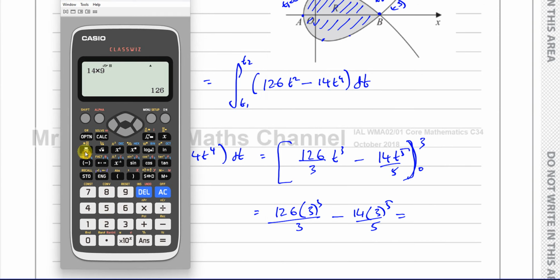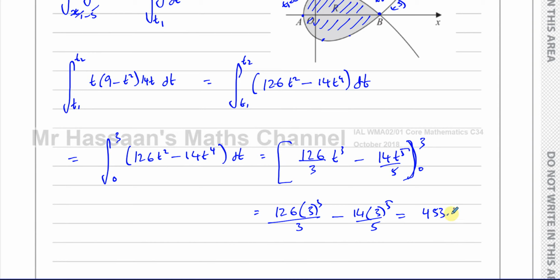Okay, so I have 126 times 3 cubed divided by 3 minus 14 times 3 to the power 5, all over 5. So that gives me 453.6.